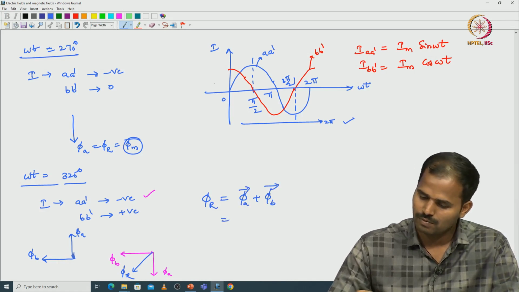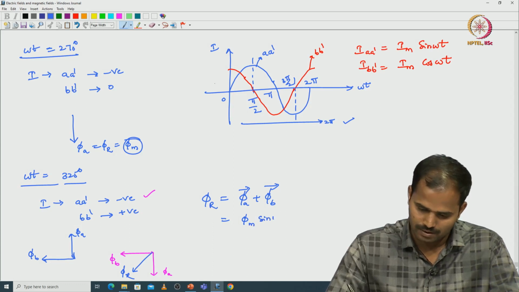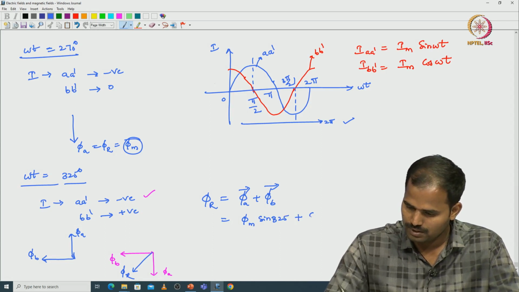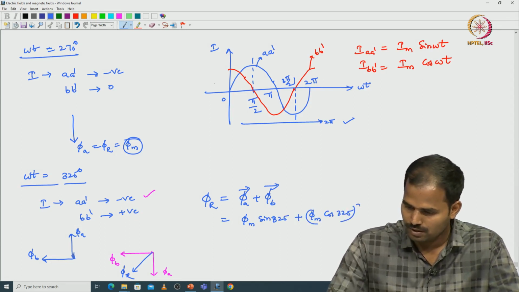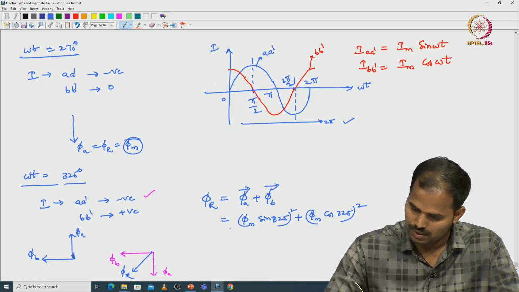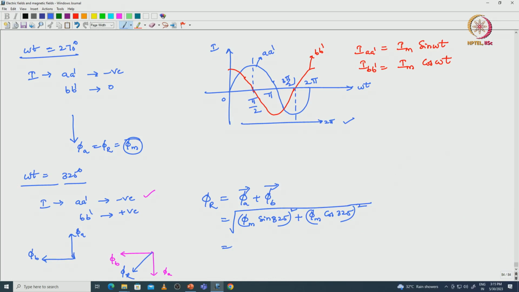So, phi a is nothing but phi m sin 325 plus phi m cos 325, take the squares and root, consider the square root with respect to the 90 degree displaced one.